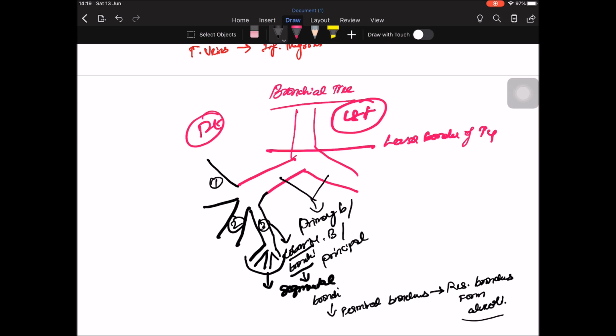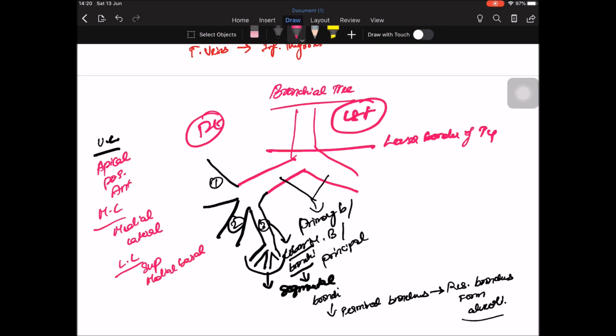The upper lobe of the right lung has 3 bronchopulmonary segments, that is apical, posterior and anterior, and the middle lobe has medial and lateral, and the lower lobe has 5 segments: superior, medial basal, anterior basal, lateral basal, and posterior basal.